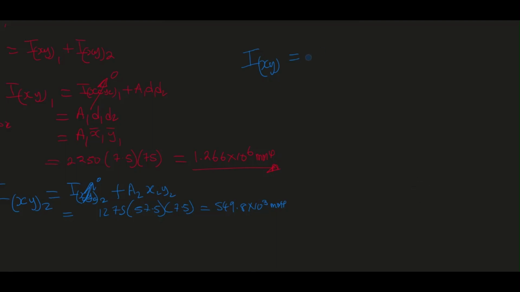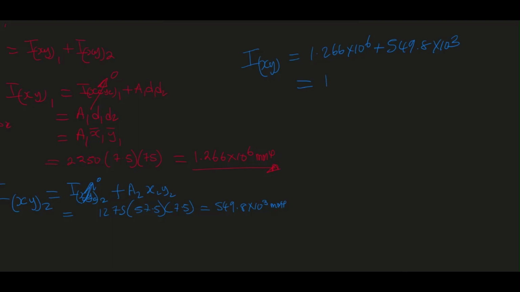So 1.266 times 10 to the power 6 plus 549.8 times 10 to the power 3 plus 1.266.